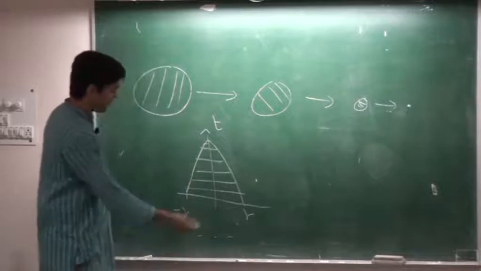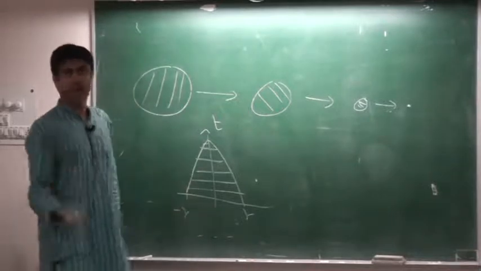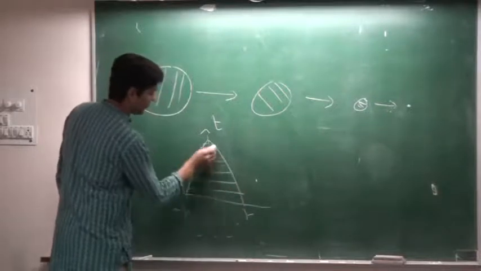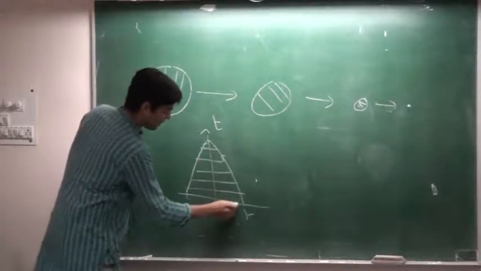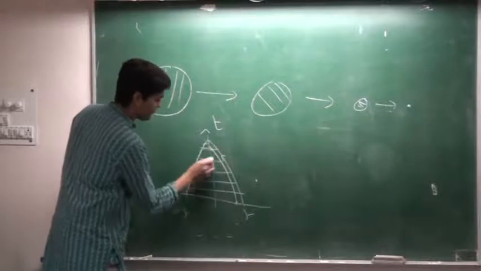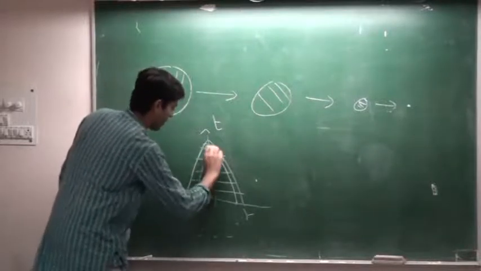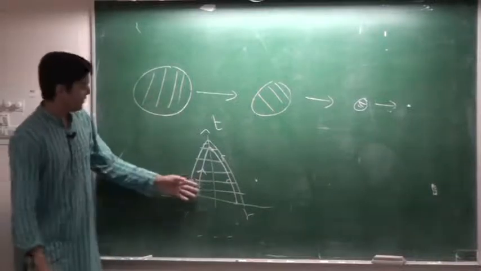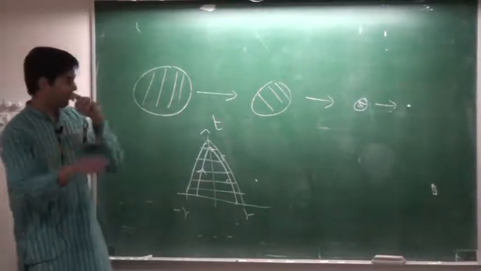And therefore you can think of layers in the shell, layers of matter in the shell, and they follow some world line. For example, this is a world line of the outside of the shell. And there may be another particle that's sitting here, and that particle follows some world line of this kind. Okay, so there are all these particles that follow these world lines.